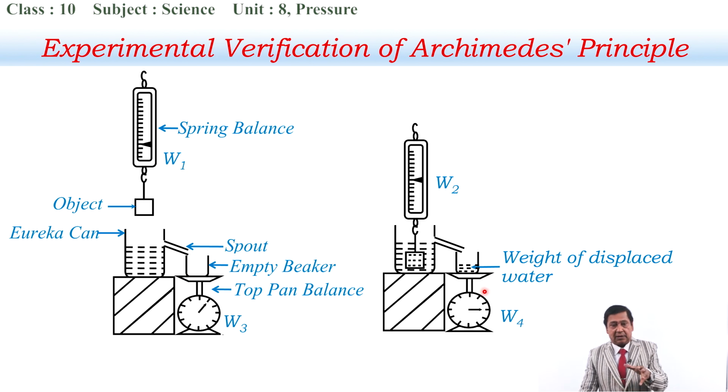In the second figure, the body is immersed and the new weight is W2, and the combined weight here is W4. And showing all this diagrammatically, you have to write something.